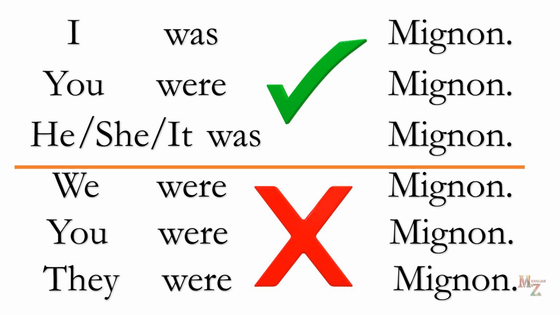We can say I was Mia, you were Mia, he, she, or it was Mia, because these are all singular, and singular means one. It is grammatically correct, even though it does not exactly make too much sense, unless I changed my name.